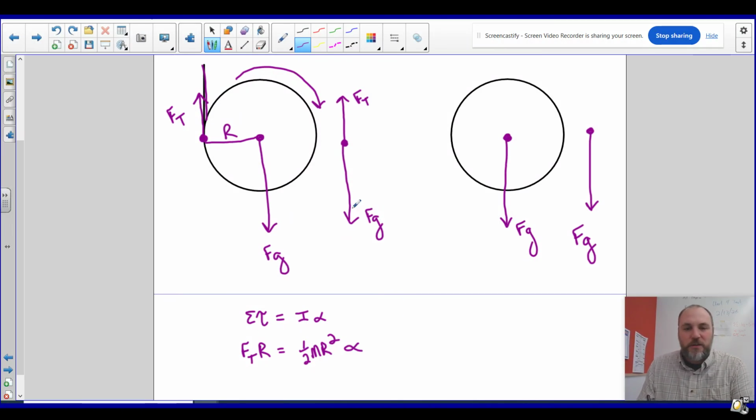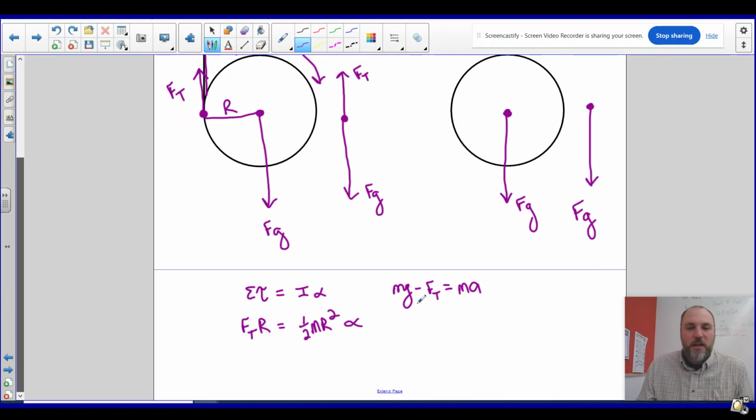And I'll also do the translational version, which would just be mg minus tension, because I know mg is winning, and I'm subtracting tension, and that should be equal to ma. So what I have now is a system of equations with a few unknowns. But if you remember from rotational kinematics, the rotation and the acceleration are related. The acceleration of any point on the outer edge of this toilet paper roll as it unwinds is related to the angular acceleration.